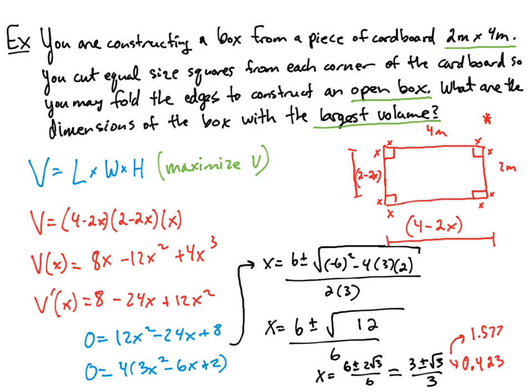If we look at this short side, the x value cannot be bigger than half of whatever that value is. X cannot be bigger than 1, because if I cut out pieces that are bigger than 1, I'm going to cut more than that length when I cut both of those out. So 1.577 cannot be the value for x. So the value for x here is going to be 0.423.